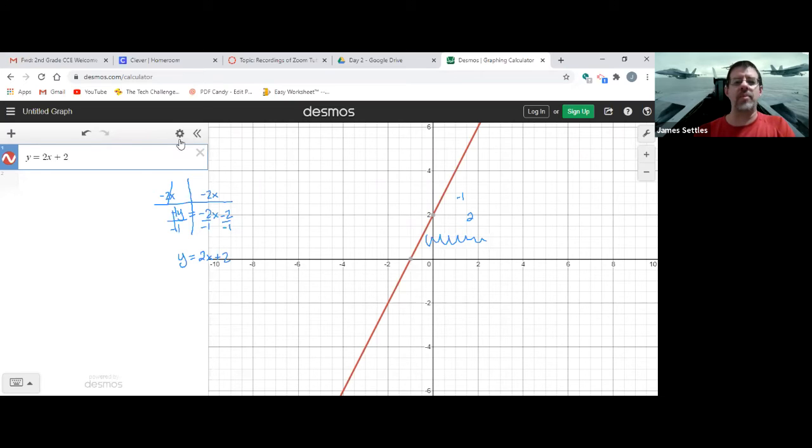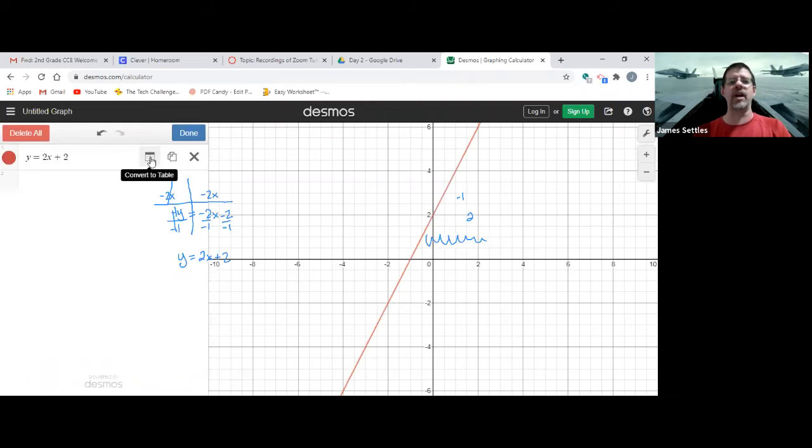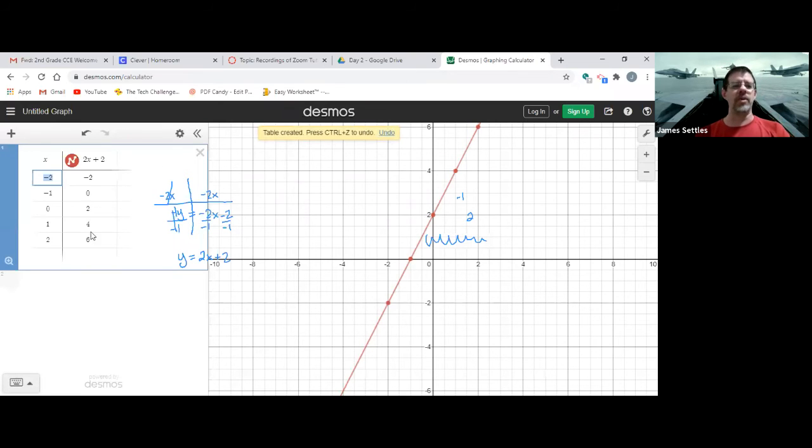To change it to a table, you're going to hit this gear. Then it brings up some stuff, and this thing right here that kind of looks like a T-table, that's a table. So you click on this, convert to a table, and boom, it changes it to a table. We're going to need this, especially later on this week. So we want to make sure that y'all know how to do that.